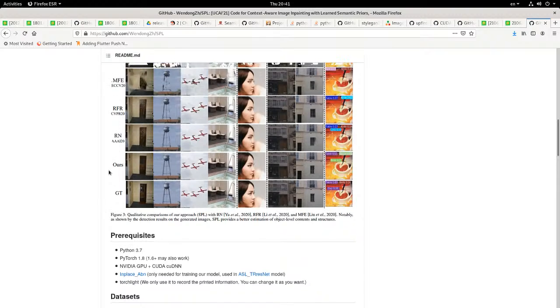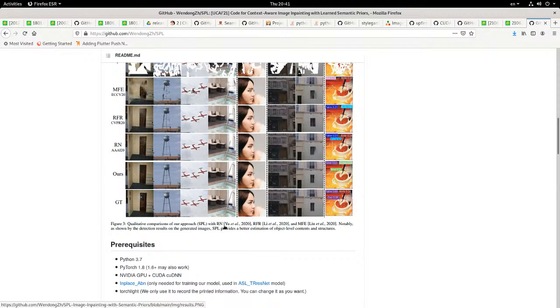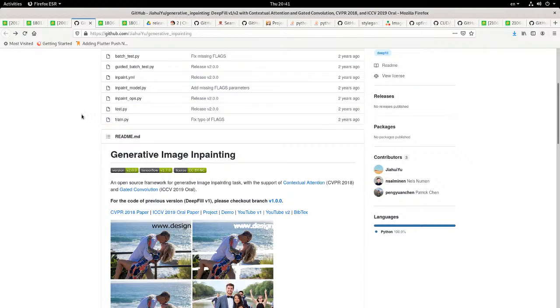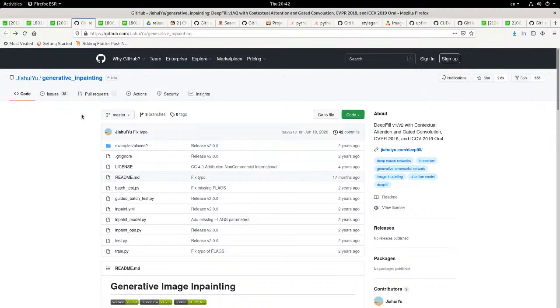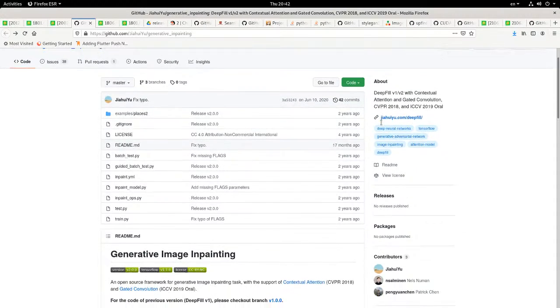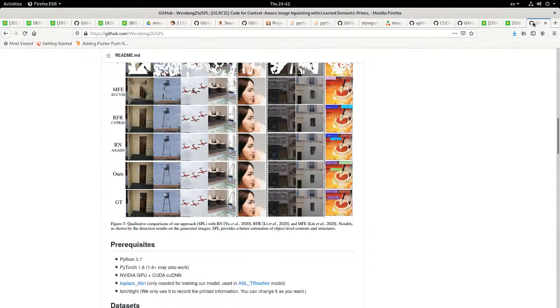What is AAAI-20? I assume Yu et al. That's this one, right? Yeah. Okay.